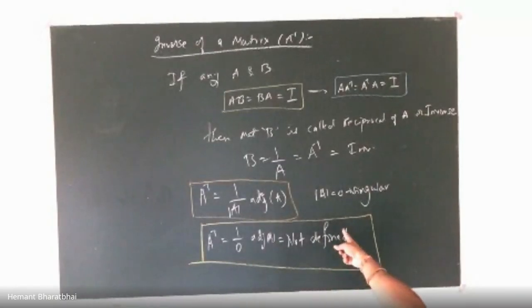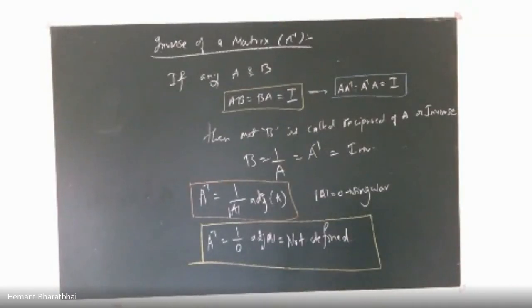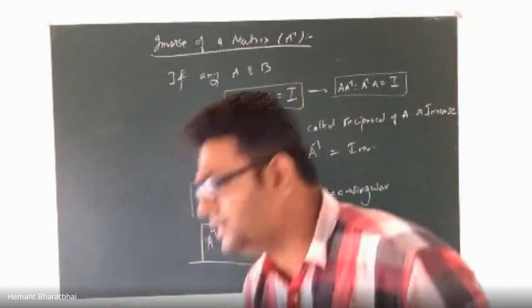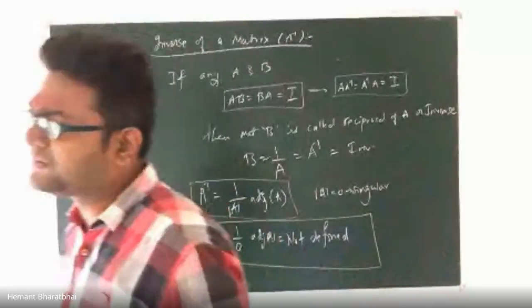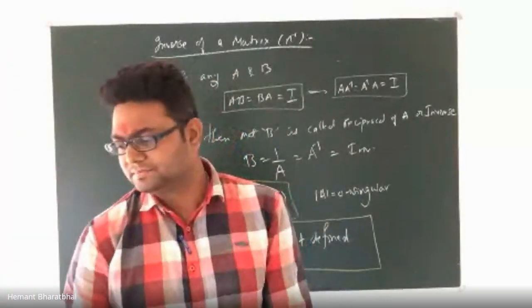And this point is very important: if the given matrix is singular, then its inverse is not defined. The inverse of any matrix will exist if and only if it is non-singular.